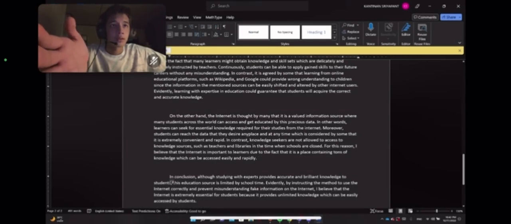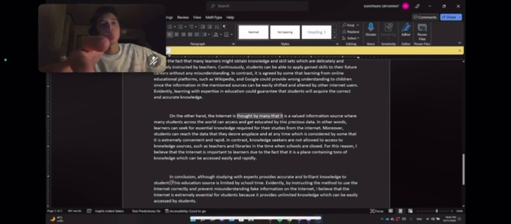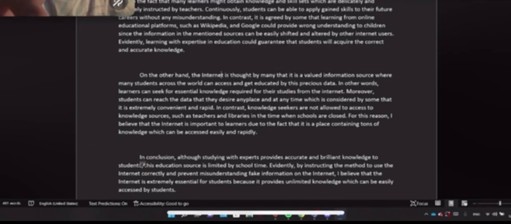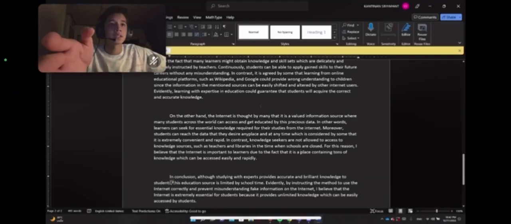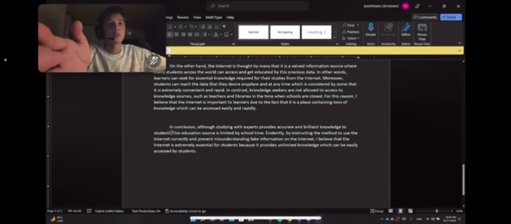Here, for example, it's taught by many. So you can reduce generalization this way. Instead of writing "it's taught by most people", you can use "many" in order to reduce the generalization, and you won't lose points for that.